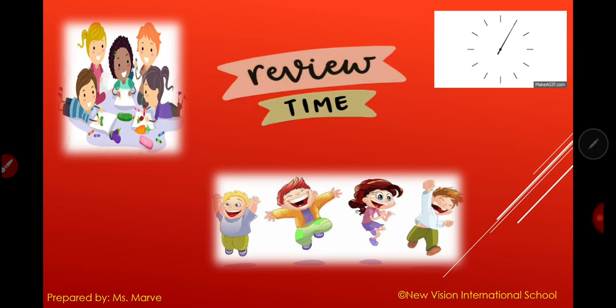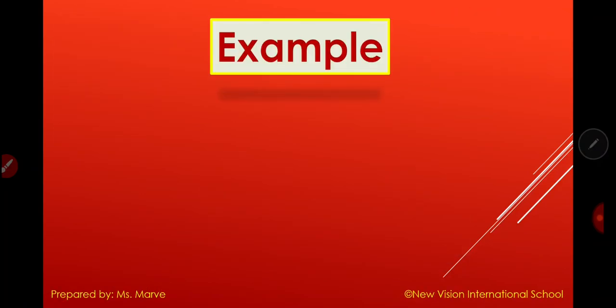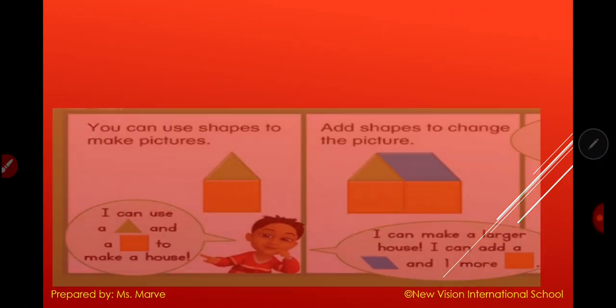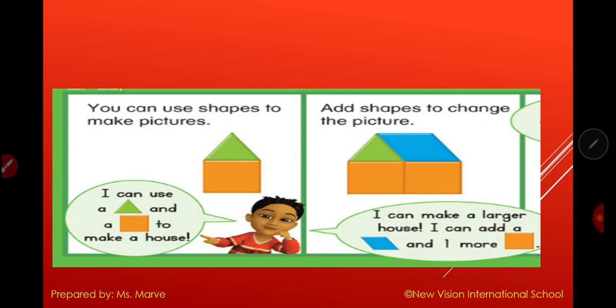Here's our review time. Are you ready? Can you still remember? This is the new shape, which is the house. This house is composed of two smaller shapes. You can use the triangle and a square to make a house. In another example, the house became bigger.